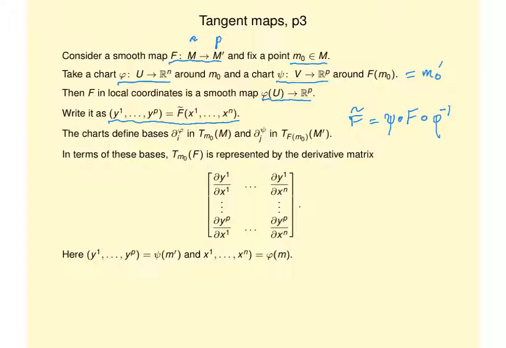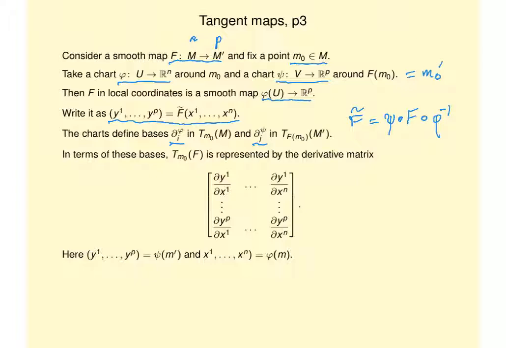Then these charts, phi and psi, define bases in the tangent spaces, and I see I've put a phi upstairs there to indicate that this is in the domain, and i is the index for the basis vectors, and psi there. Okay.